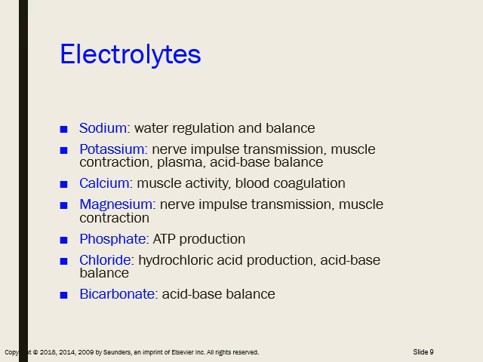Chloride helps maintain acid-base balance. It is important in the formation of hydrochloric acid for secretions to the stomach. Bicarbonate is a buffer that neutralizes excess acids in the body. It helps regulate acid-base balance.